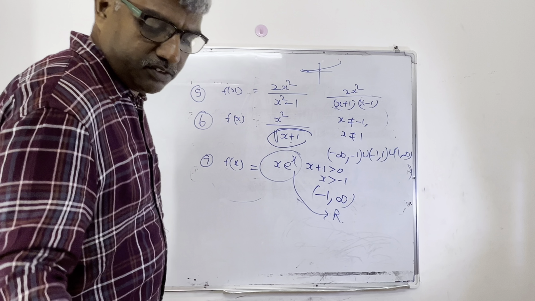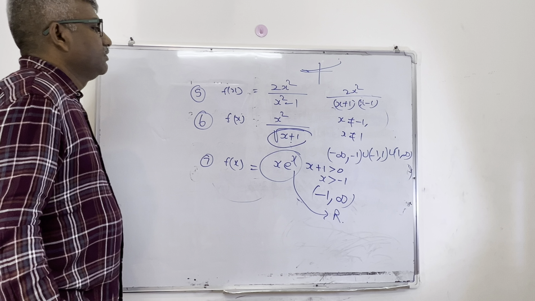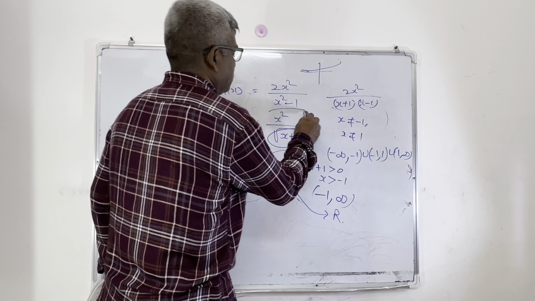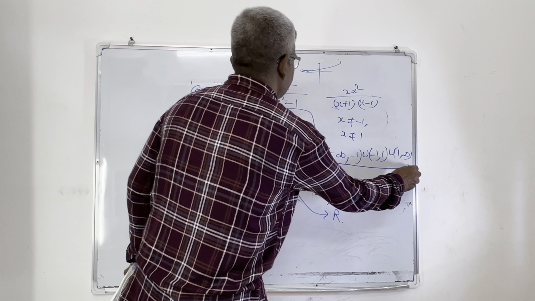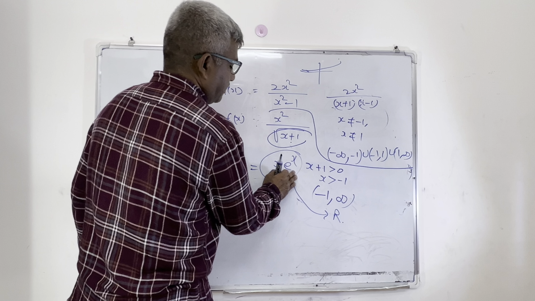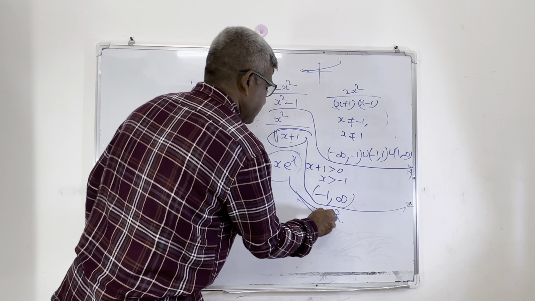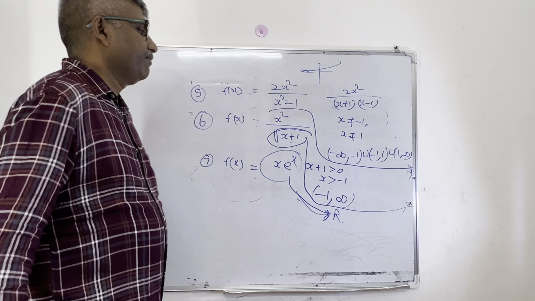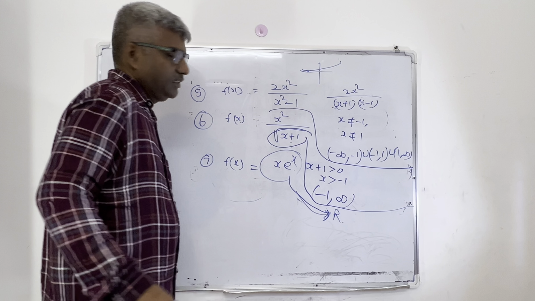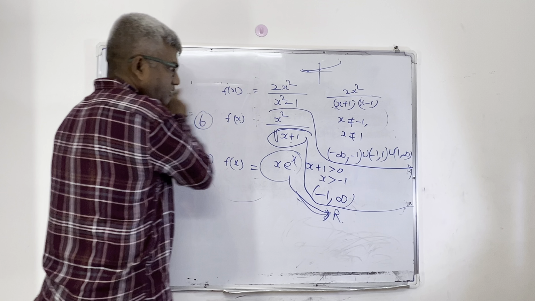First note it down. This is question number 5. Question number 6 is this one. Question number 7 is all real numbers.